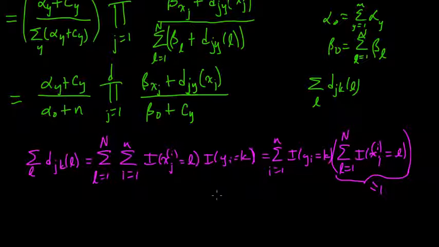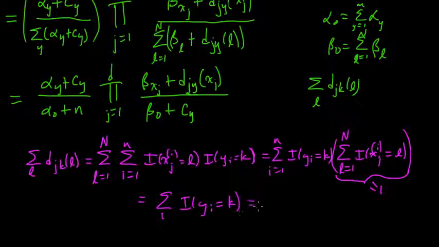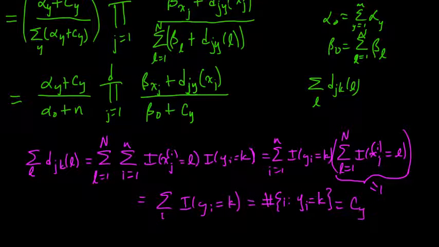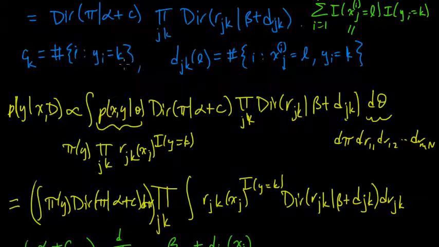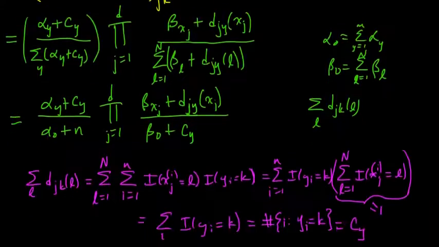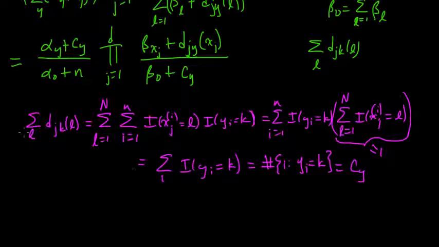The whole thing is then the sum over i's of the indicator that yi equals k, which is just the number of i's such that yi equals k. And this was cy, what we defined to be cy.